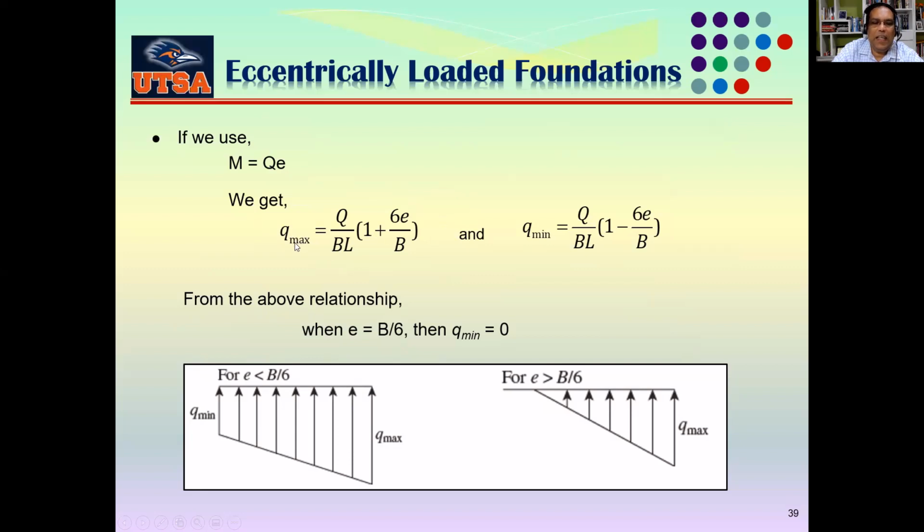Similarly, if you do that with your Q minimum, then you get a negative sign here.